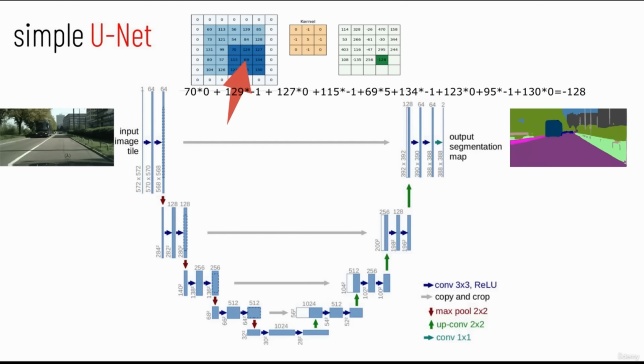So 70 times 0 plus 129 times minus 1 plus 127 times 0 plus 115 times minus 1 plus 69 times 5 plus 134 times minus 1 plus 123 times 0 plus 95 times minus 1 plus 130 times 0, which is equal to minus 128.